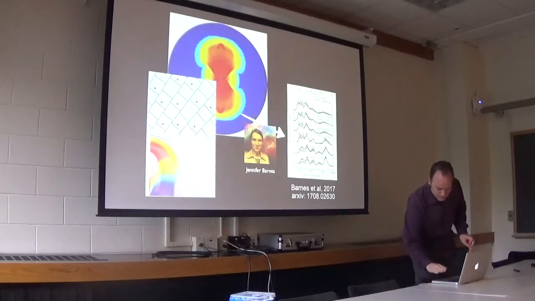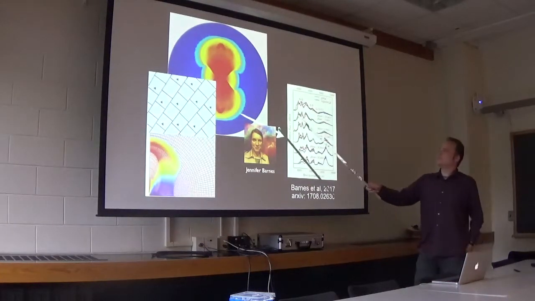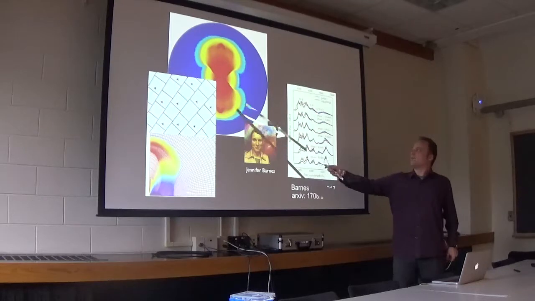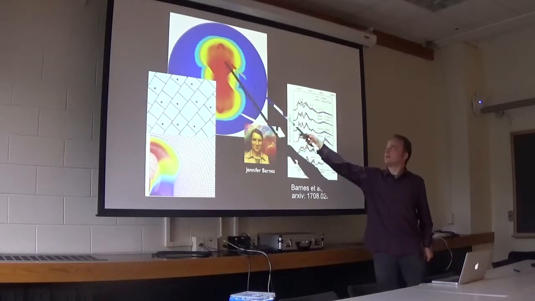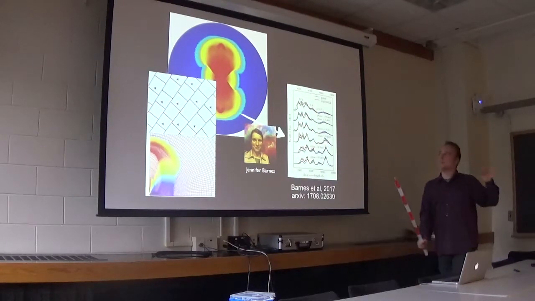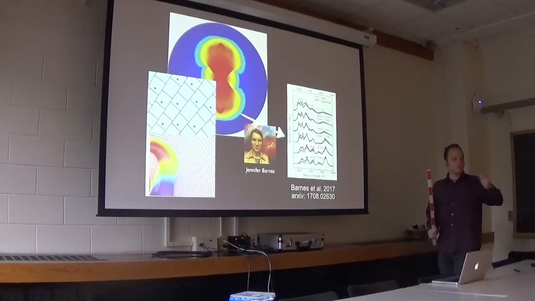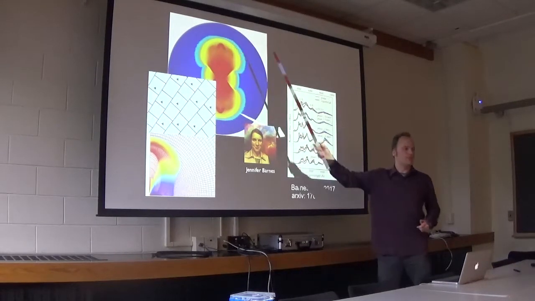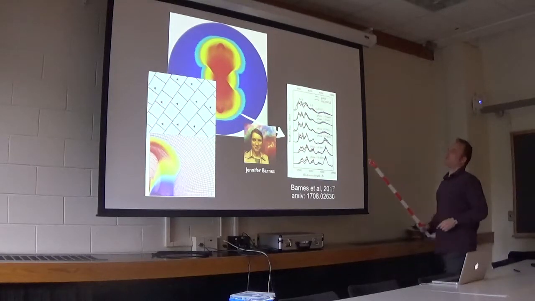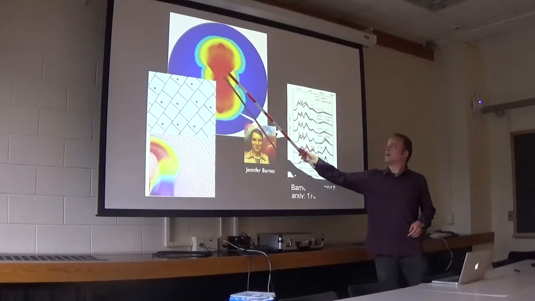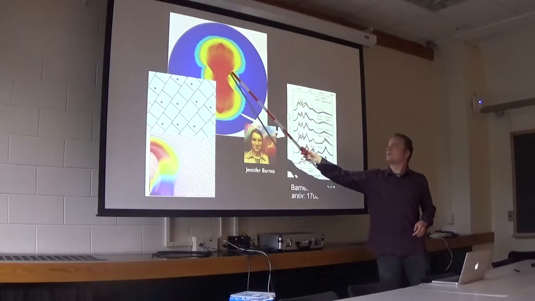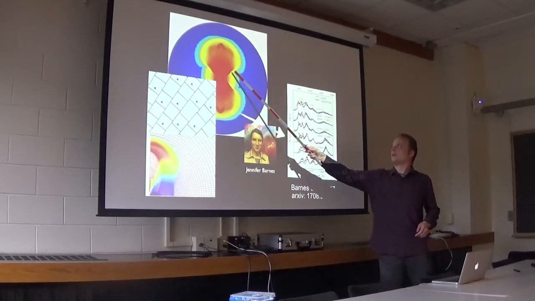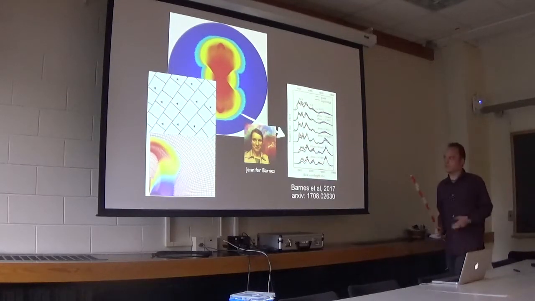And so the division of labor is, I would run this calculation of a jet breaking out of a star, which has been done by many people before, but usually when you do that, you're focusing on what the jet looks like, what properties of a jet you can get out of it. But instead, we want to look at what this shock being delivered to the star does to the star and how it explodes it.